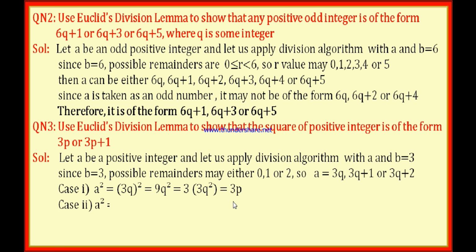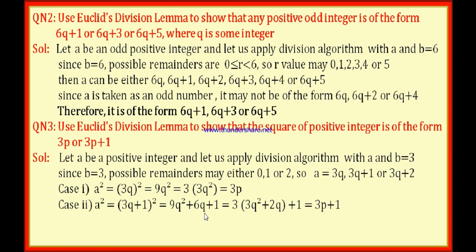Now case 2. Here A is equal to 3Q plus 1. Now we have to find the square. A square is equal to 3Q plus 1 whole square, which is in the form of A plus B whole square. A square, 3Q whole square, plus 2AB, 2 into 3Q into 1, which is 6Q, plus B square, which is 1 square.